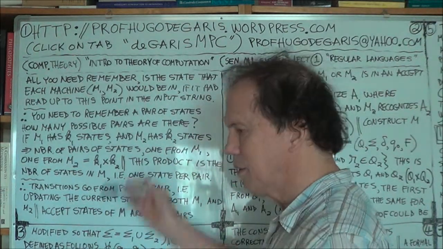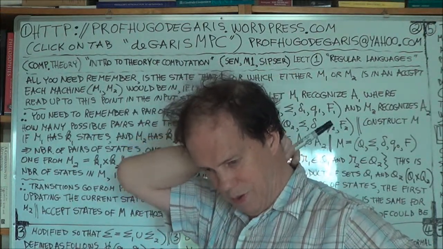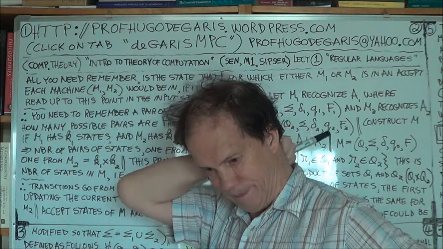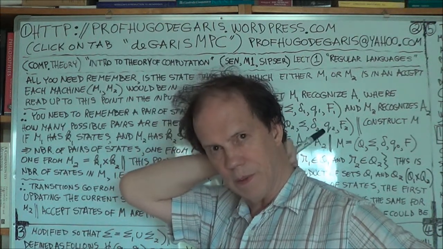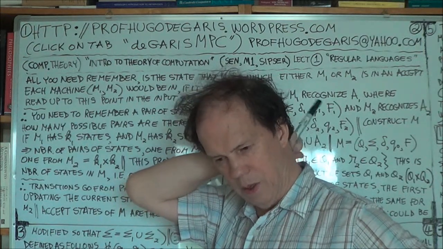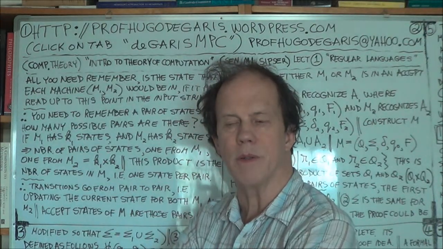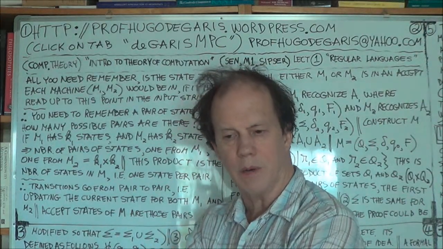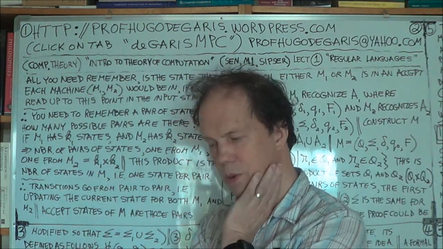Alright, so we're reasoning, if you remember, from the previous session or so, that our machine M, that's to recognize the union of A1 and A2, was effectively simulating the two machines M1 and M2. The machine M1 recognizes language A1. Machine M2 recognizes language A2.